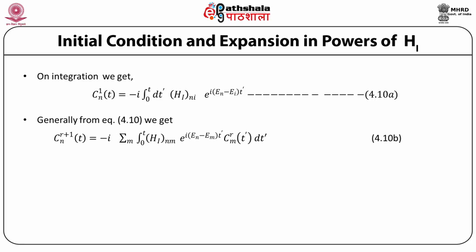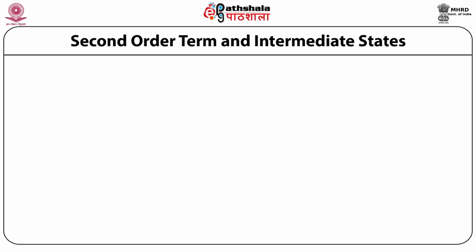Generally from equation 4.10, we get Cn(r+1) is equal to minus i summation over m, integral from 0 to t of Hi nm exponential i (En minus Em) t prime into Cm(r)(t prime), and there is a summation over all the m's. Second order term and the intermediate states.